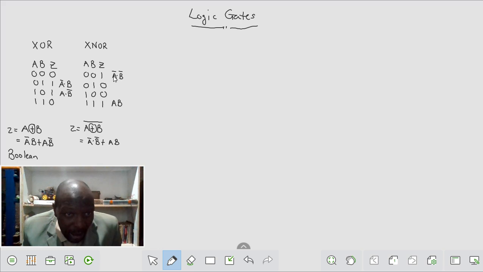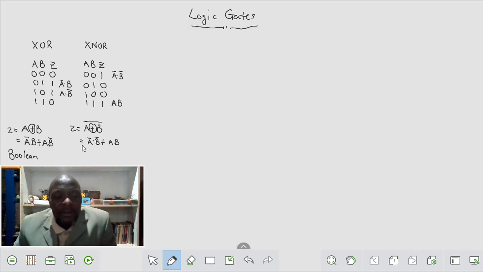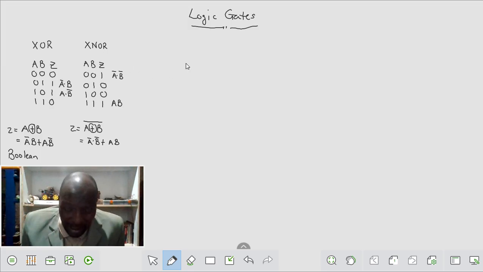We get an output when you combine not A with not B, or A and B. I don't know if that is complex. I'm hoping not. So let's look at the circuit.